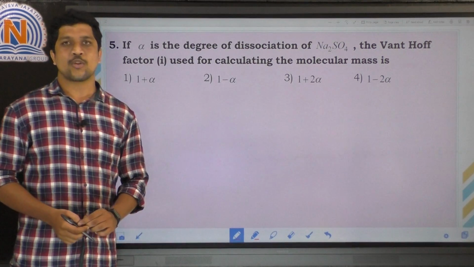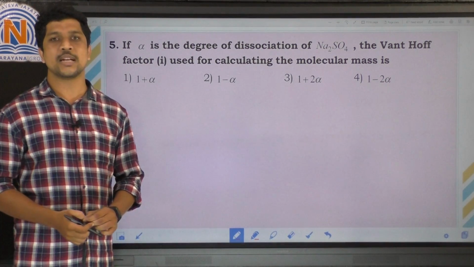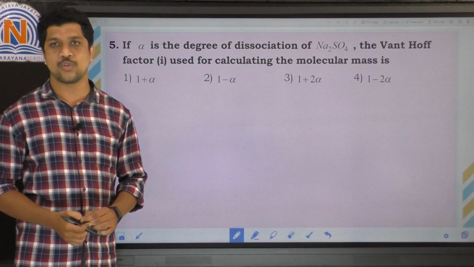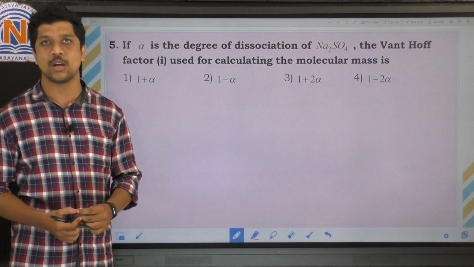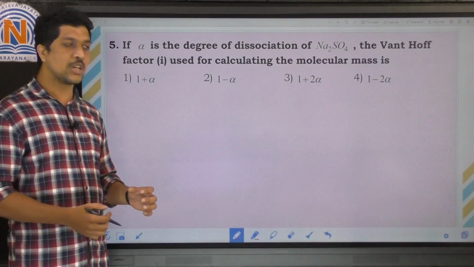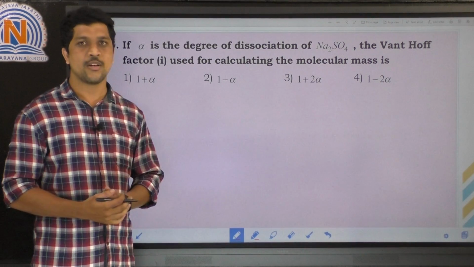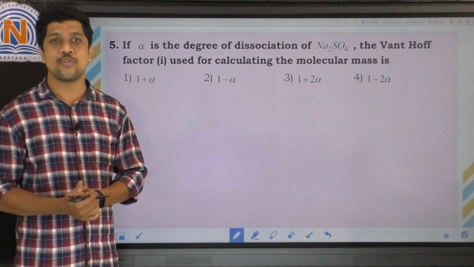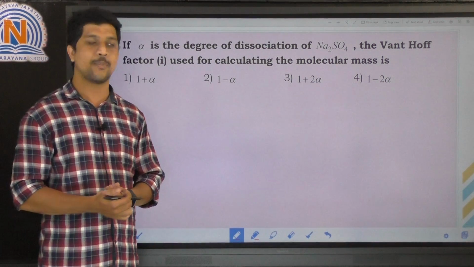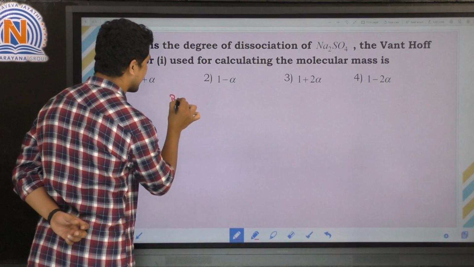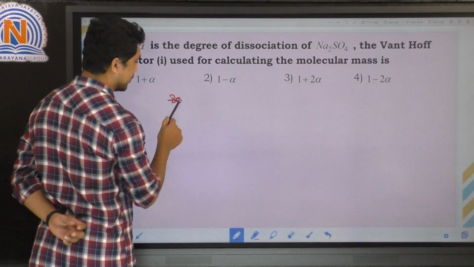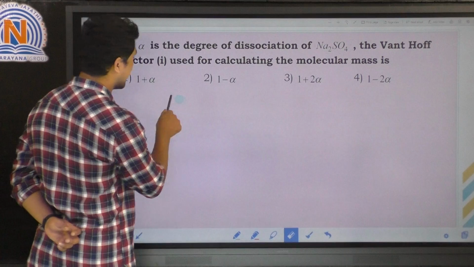Here the question is, if alpha is the degree of dissociation of Na2SO4, the van't Hoff factor i is used for calculating the molar mass, right? So here we need to find the van't Hoff factor for a molecule which has degree of dissociation alpha.